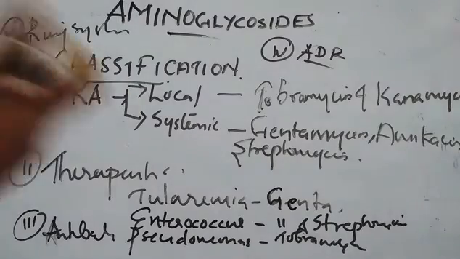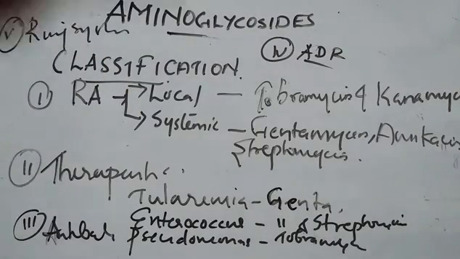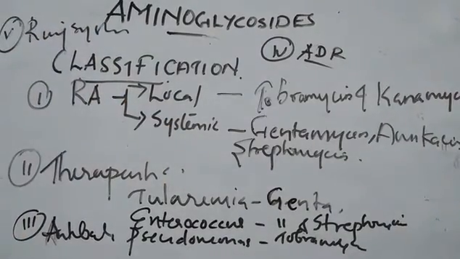So basically they are route of administration, therapeutic application, adverse drug reaction, antibacterial spectrum of activity, and the ring system which is present in aminoglycosides, by which we are classifying the drugs.